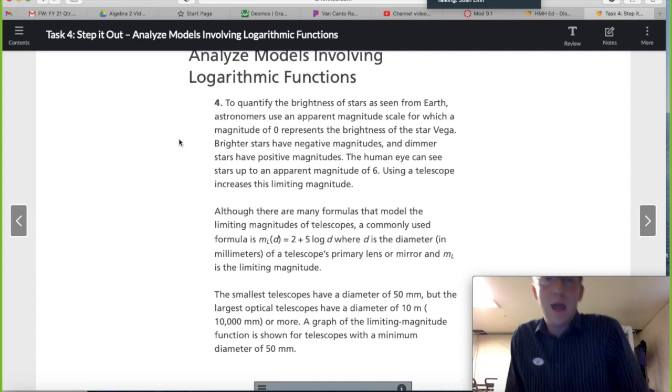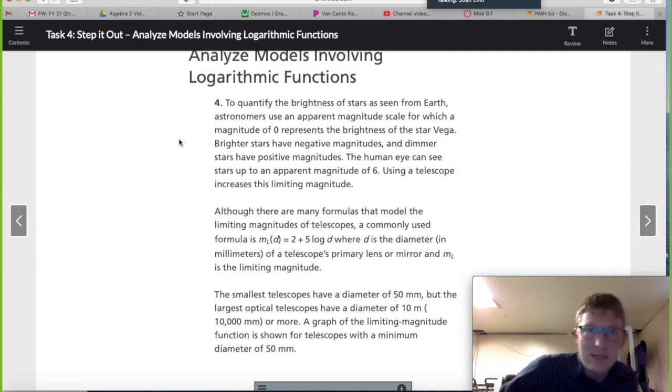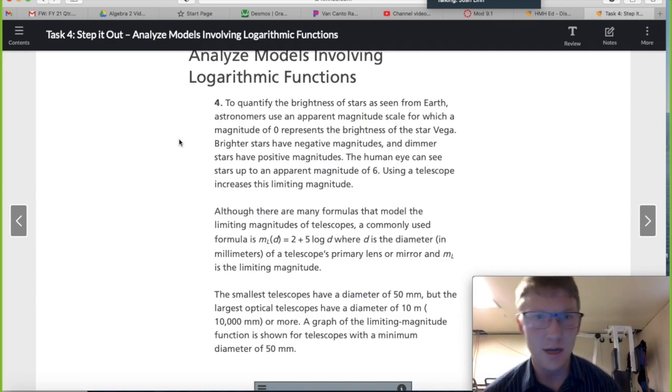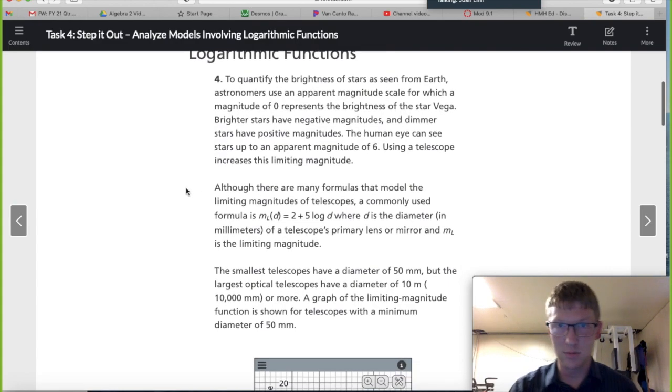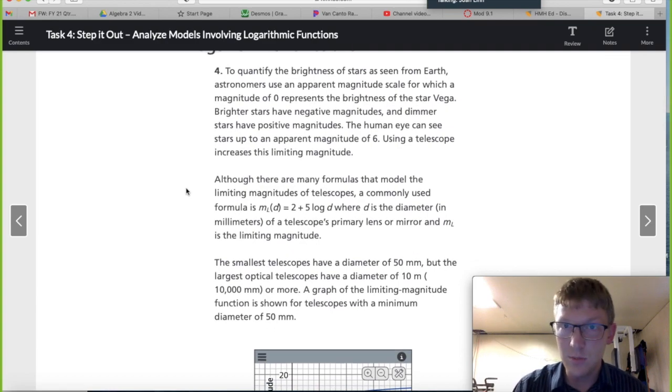Brighter stars have negative magnitudes, and dimmer stars have positive magnitudes. The human eye can see stars up to an apparent magnitude of 6. Using a telescope increases this limiting magnitude. Long story short, the better telescope you have, the more stars that you can see.